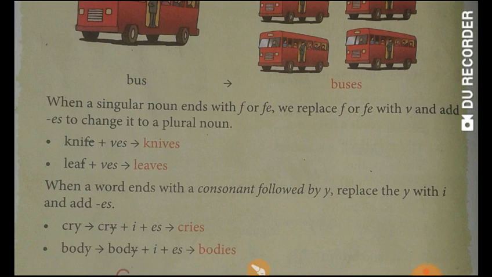R is a consonant and then it is y, so to make its plural we remove y and add ies, so it will be cries. Again, next is body. So here the last two letters are consonant plus y, means dy. D is a consonant and y, so to make its plural we remove y and add ies, so the plural will be bodies.